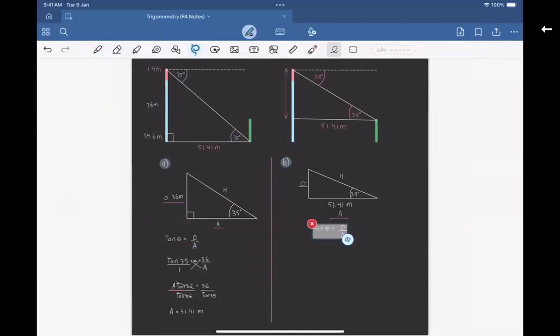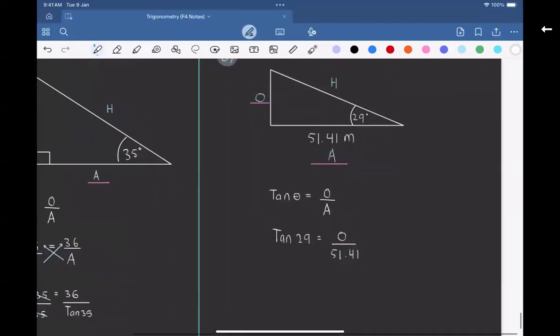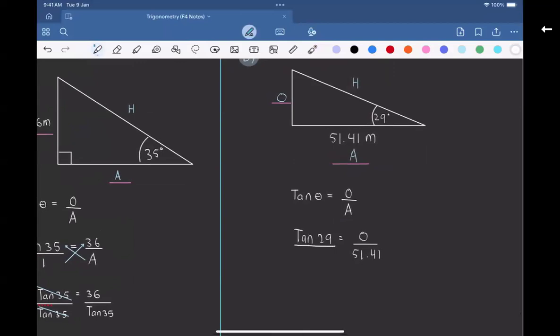So it will be tan, which is opposite over adjacent. So tan 29 equals O over 51.41. You cross multiply, so it will be 51.41 times tan 29.